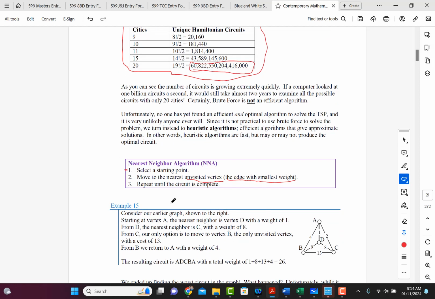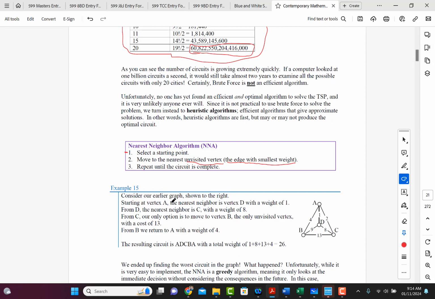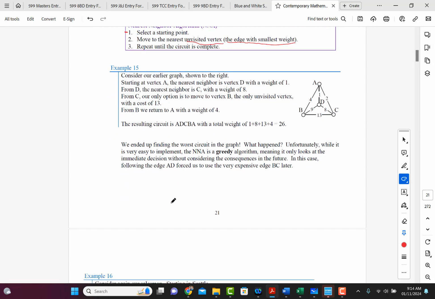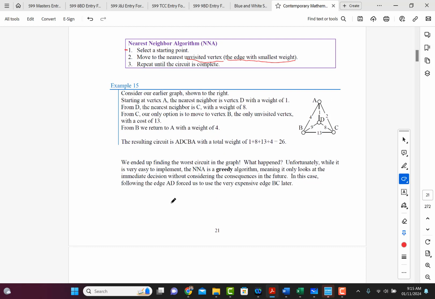Okay, so let's do an example. Here's the example. It says, consider the earlier graph. So here's our graph that we were talking about earlier, shown to the right. We're going to start with vertex A and do the nearest neighbor.